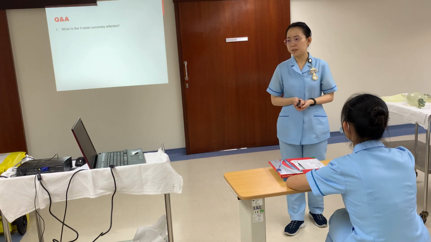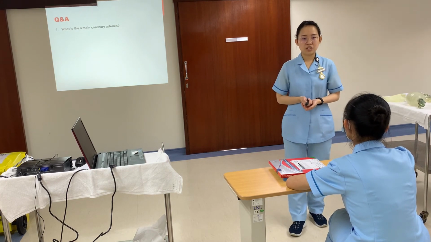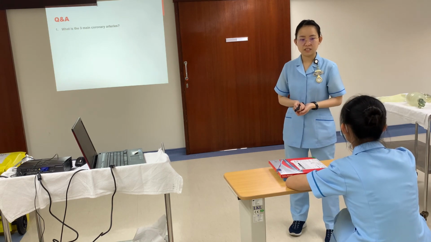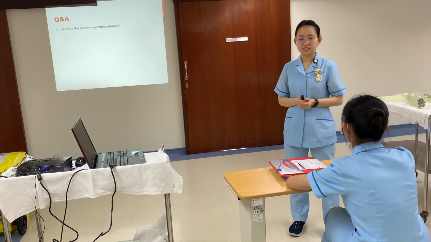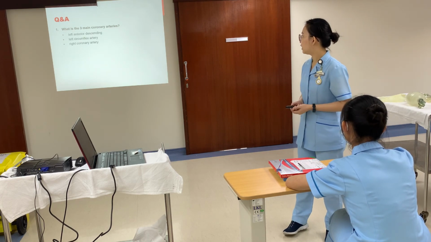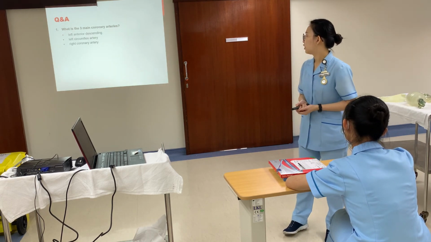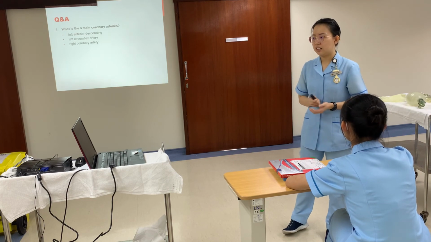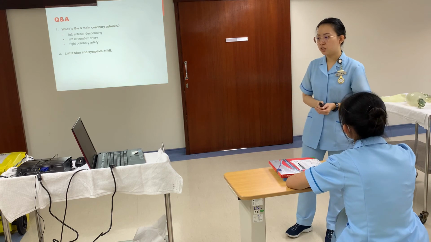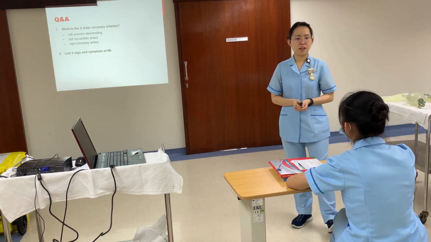So can you tell me what are the three main coronary arteries? Left anterior descending artery, left circumflex, and right coronary artery. Yes, very good. So can you list me 3 signs and symptoms of MI?